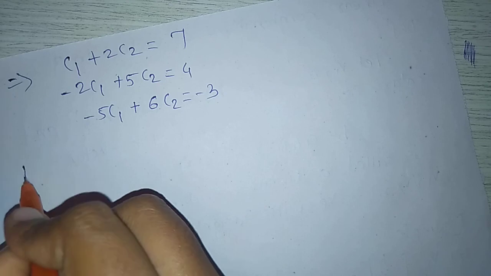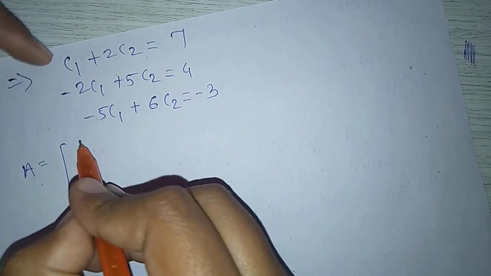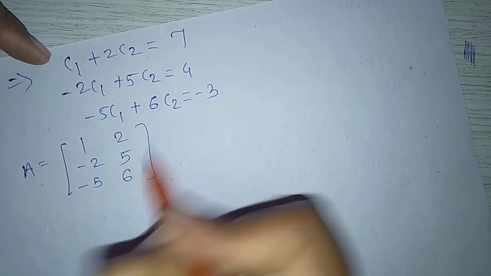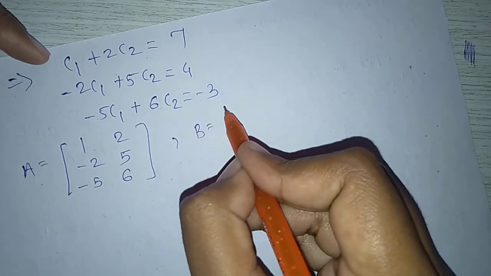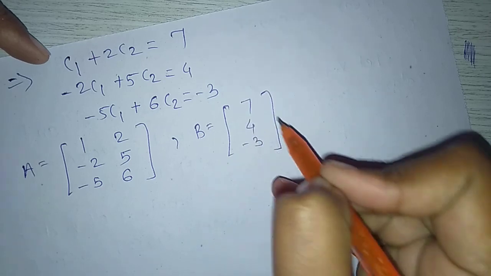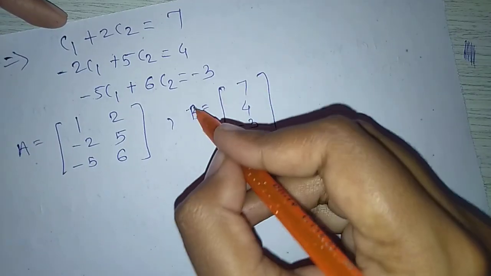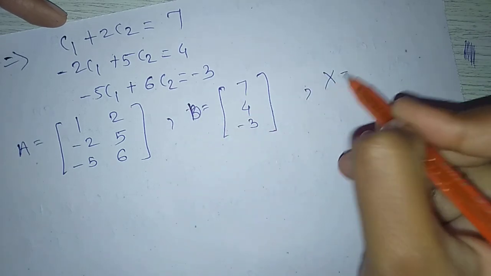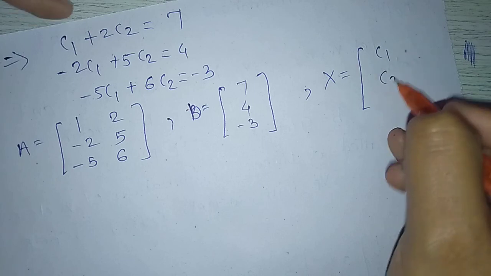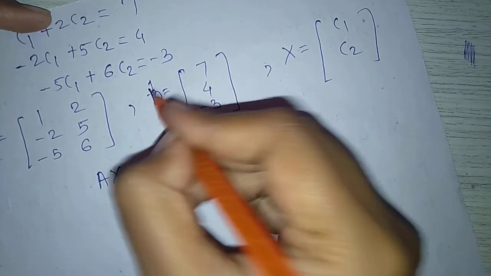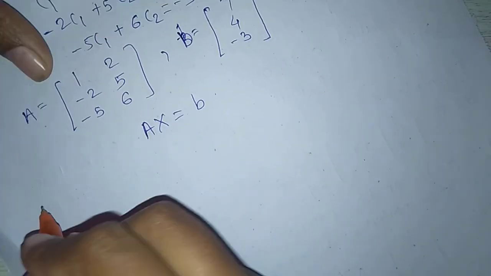Now, coefficient matrix A is 1, 2, minus 2, 5, minus 5, 6. Column matrix of constants b equal to 7, 4, minus 3, and column matrix of unknowns c1, c2 as x. A into x equal to b. Now consider the augmented matrix of A and b.